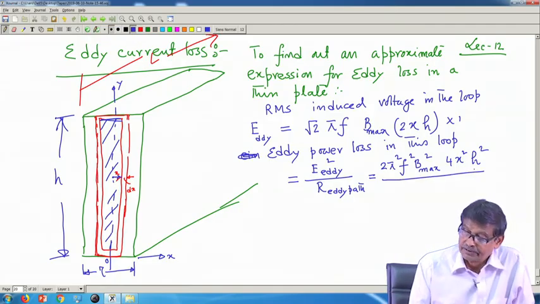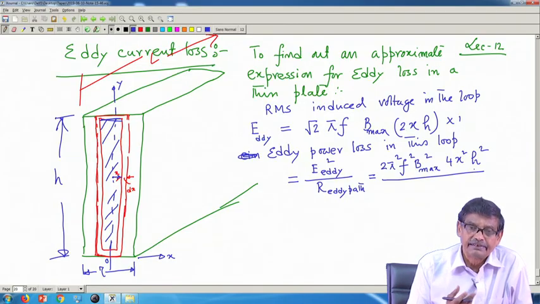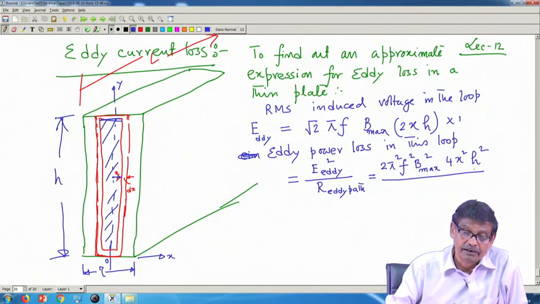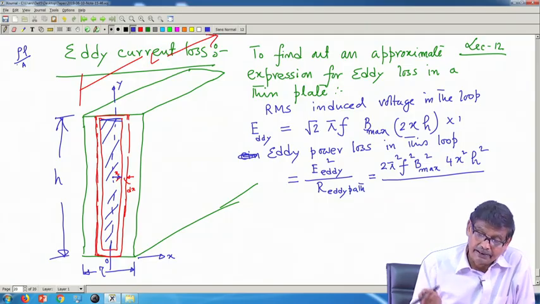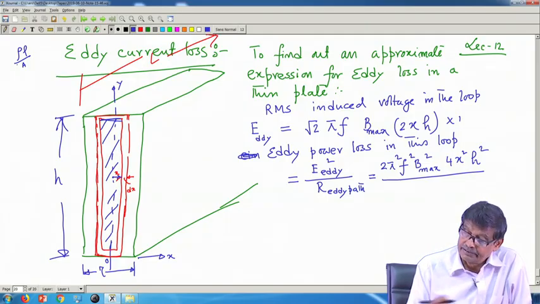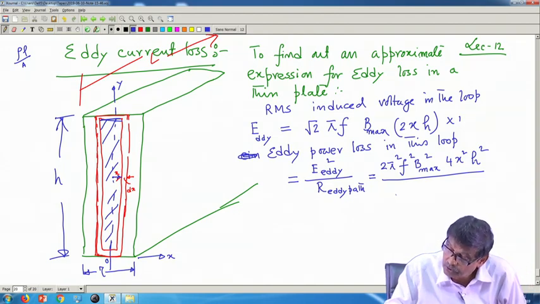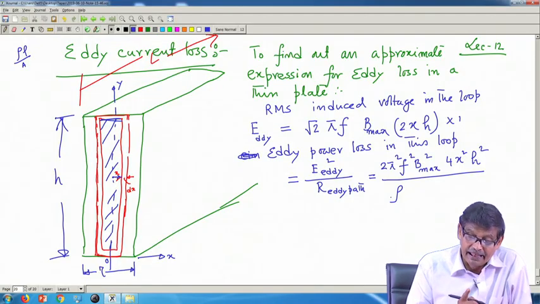Now, the question is, what will be this resistance? So, resistance of a path, I will apply that basic formula rho L by A. Now, the question is, what is rho? Rho is the resistivity of this core material. What is L?